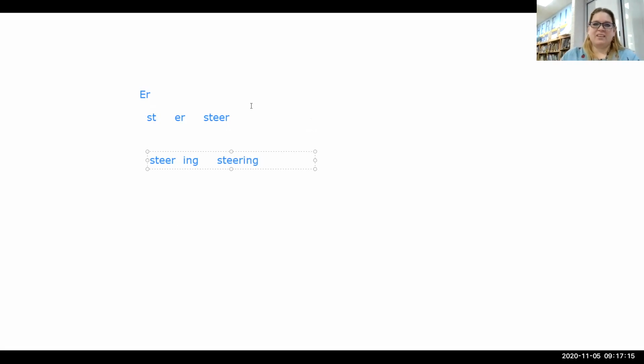All right. So we are going to change the ear and we're going to make it air. Not R, but air. What sounds do you hear with air? I hear two sounds. Good. We are going to take that sound, and at the beginning, I'm going to say again, st, air.